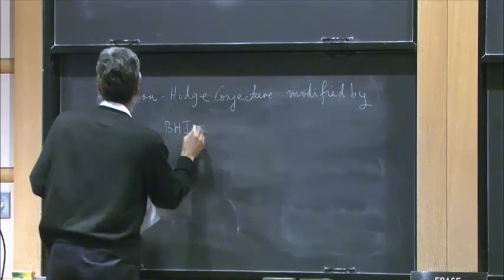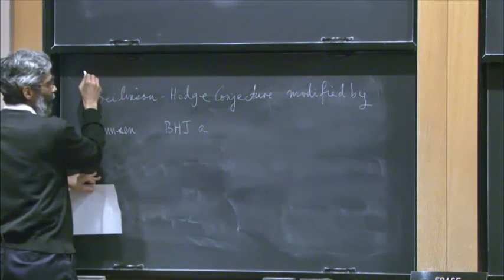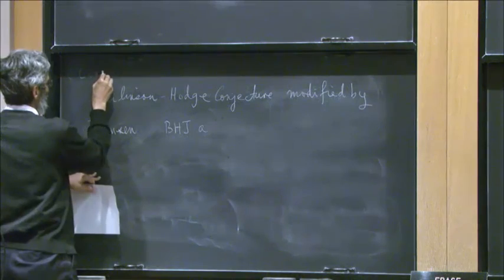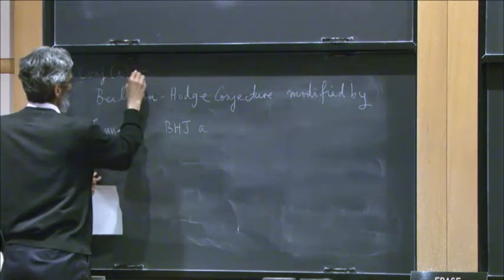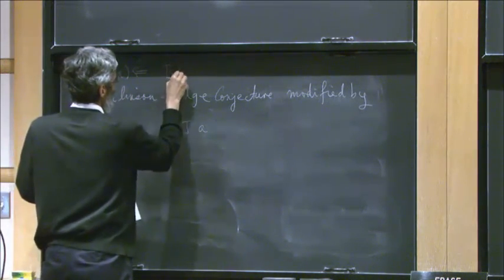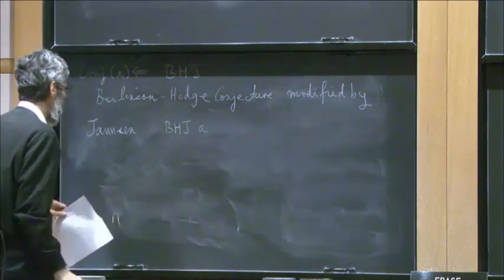First of all, I should make clear I'm talking about conjecture A being implied by BHJ.